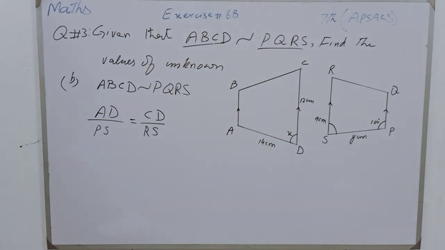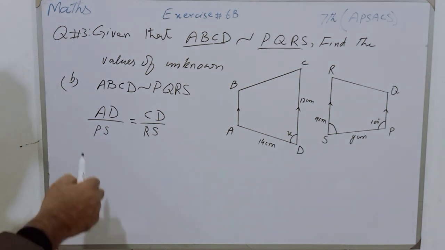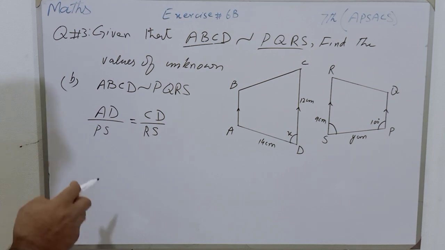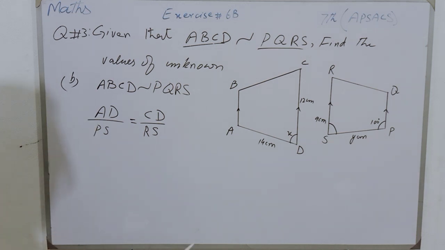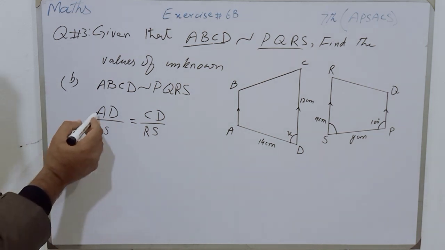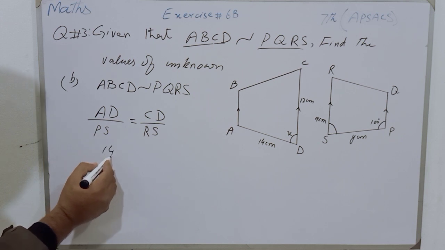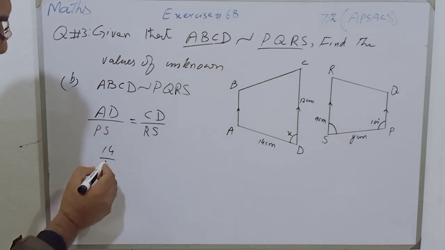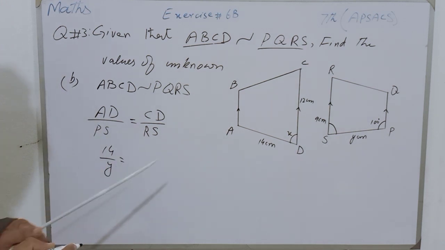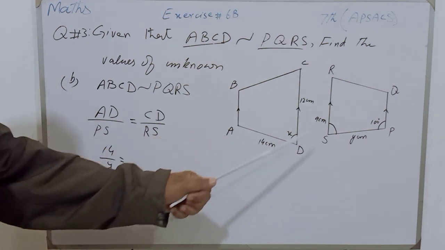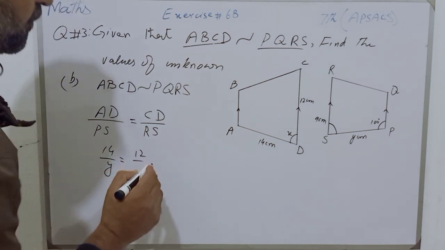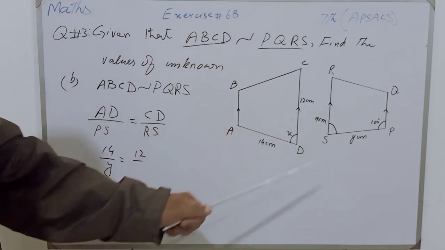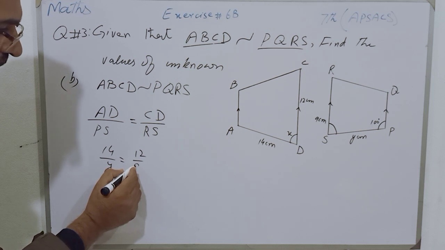Now I will replace the values of AD, PS, CD and RS. The value of AD is, students, 14 centimeters. So in place of AD I will write 14. The value of PS is Y, that we have to find, is equal to the value of CD, which is 12, and the value of RS, that is 9. So in place of RS I will write 9.